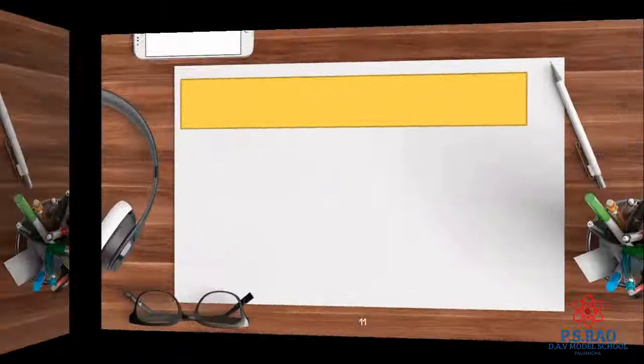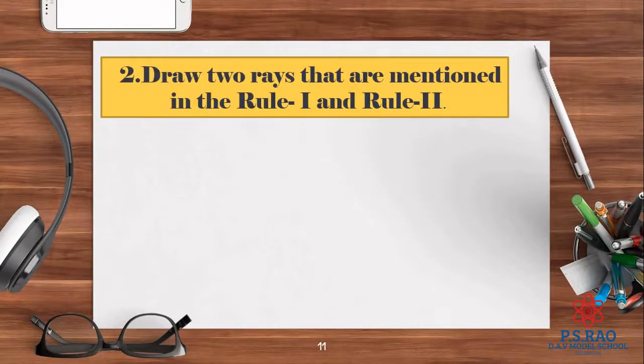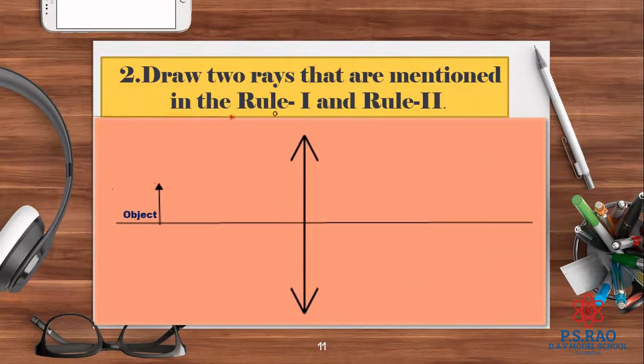Secondly, draw two rays that are mentioned in the rules. That is, if a ray is parallel to principal axis, then the refracted ray passes through focus. From rule 2, a ray passing through optic center does not deviate, it goes straight.